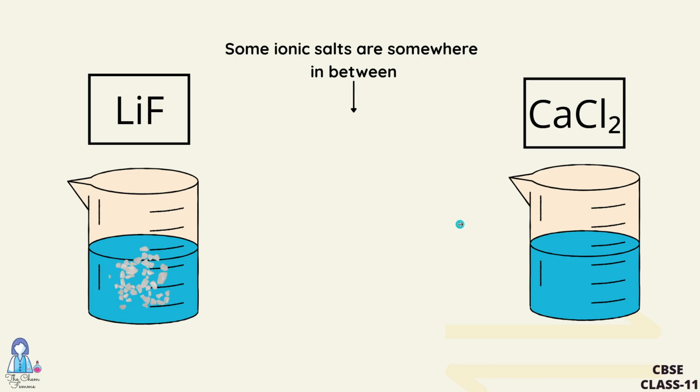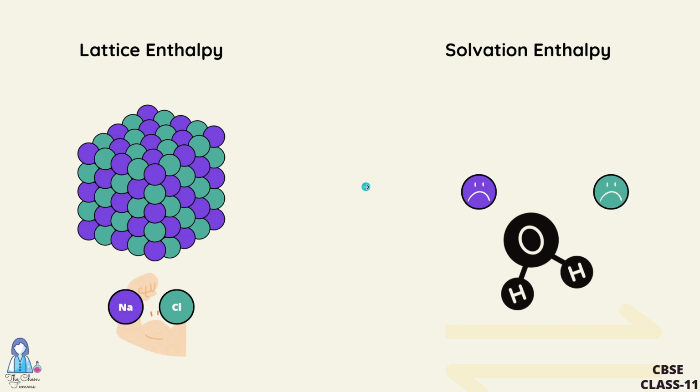There are two very important factors that we consider when we talk about solubility. One of them is lattice enthalpy, the second is the solvation enthalpy. In your textbooks, they've just given you a basic overview of these two concepts. The first one is lattice enthalpy. The lattice enthalpy is basically the measure of the strength of forces between the two ions. For example, sodium chloride, that is table salt.